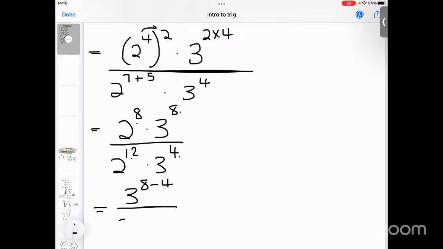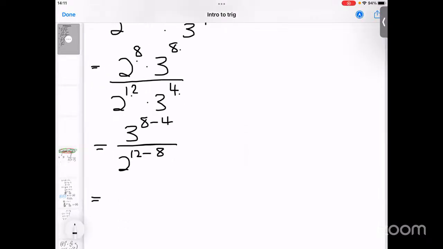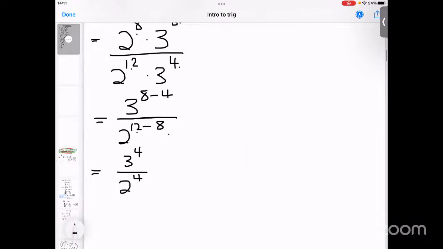And then this 8 visits the 12. You end up having definitely 2 to the exponent of 4. What is that minus that? I think it is 4.